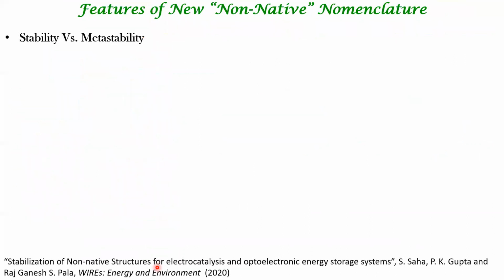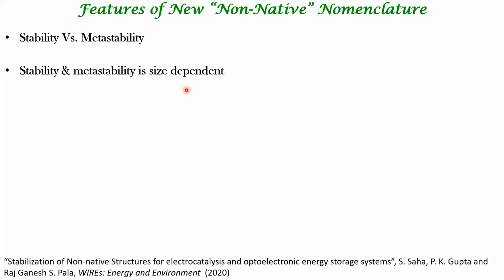We had adopted a new nomenclature of non-native structures due to certain reasons. This issue of polymorphic metastability is not that straightforward. It's not very easy to determine when a structure is metastable, especially since stability and metastability is a size-dependent property.